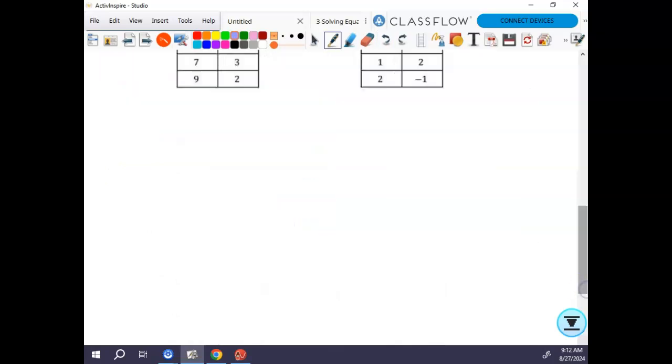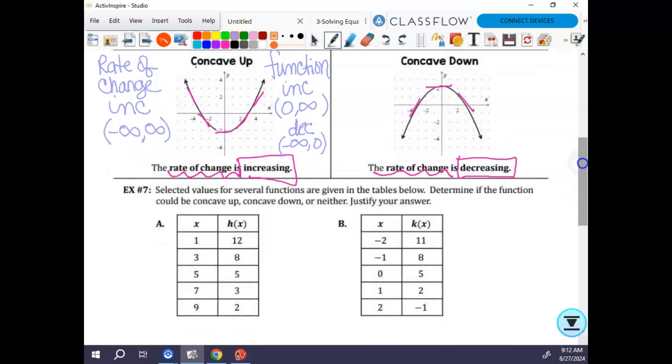So rate of change versus the function itself. For the concave down, the rate of change is decreasing the whole time, so that goes from negative infinity to infinity.